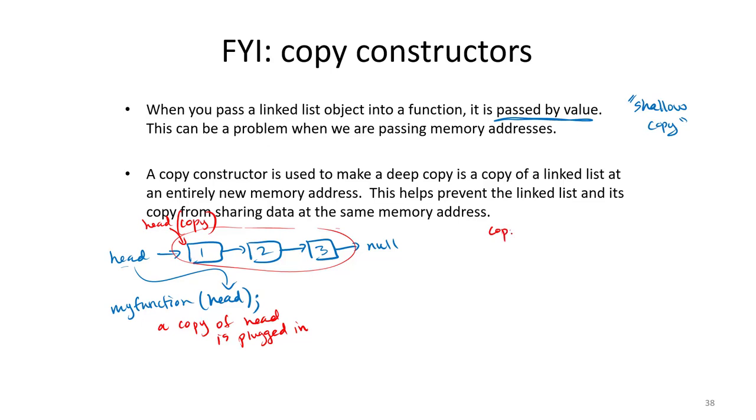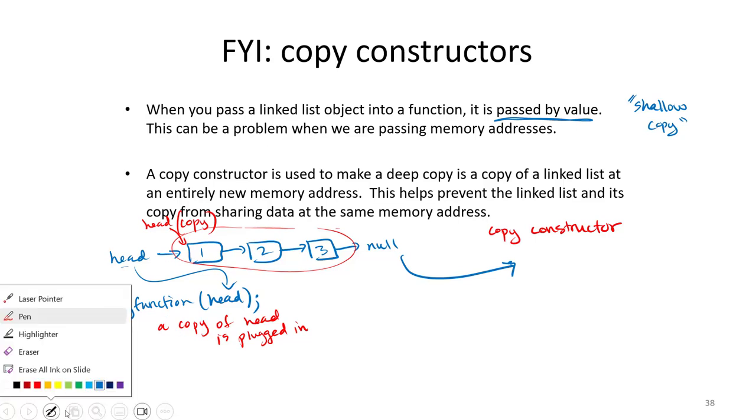The copy constructor will take a linked list, such as the one that we are looking at here with head, and will make a copy.